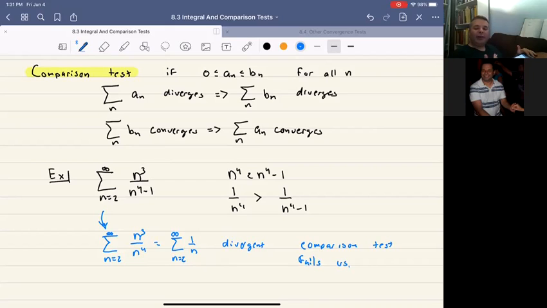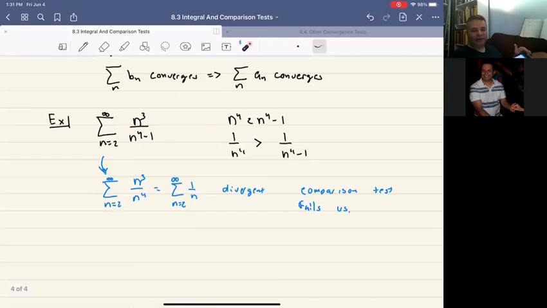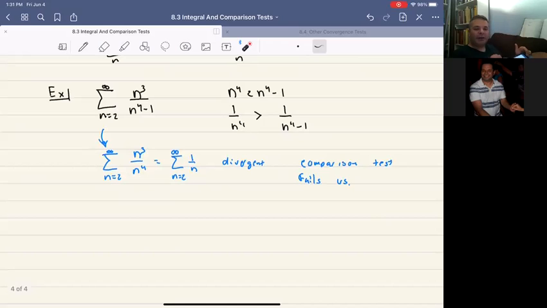That's why the limit comparison test is nice. Now, I could probably push the algebra here to make it work. There is some algebra trick I could do to make it work. But why do that when our limit comparison test worked? So here the comparison test failed.